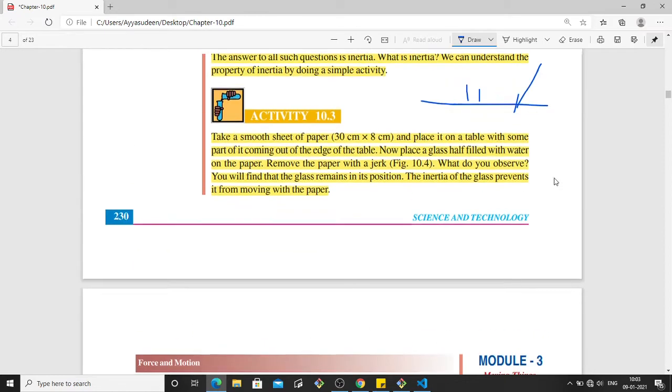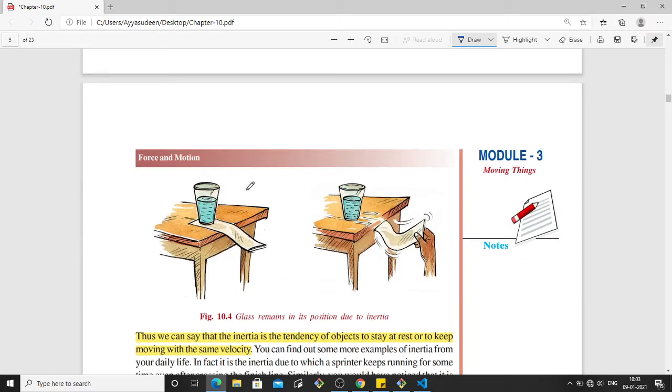We'll have an example here. There is a table. You keep a paper on it, and on the paper you keep a glass tumbler with water in it like this.